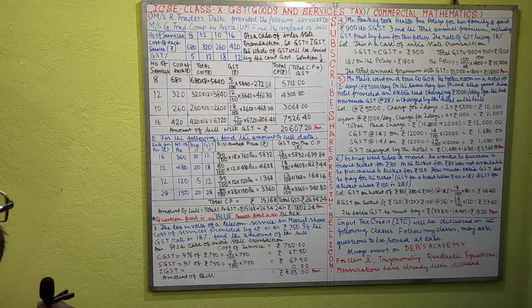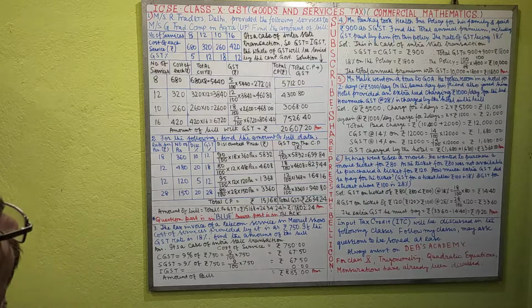The first question is: Messrs. R. Traders in Delhi provided the following service to Messrs. G. Traders Company in Agra, UP. Find the amount of bill.